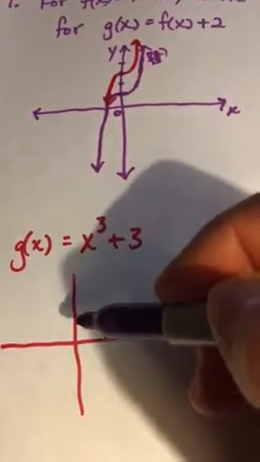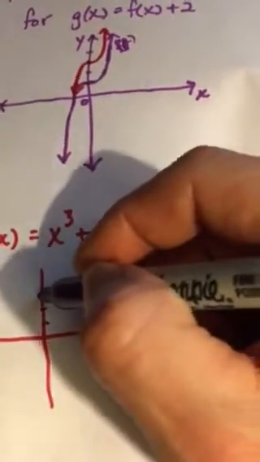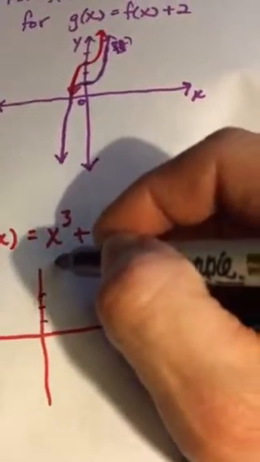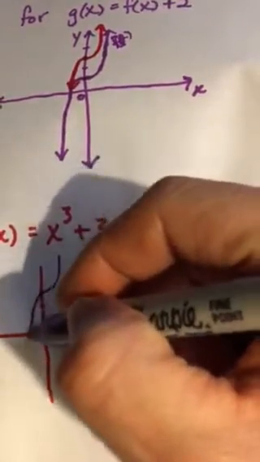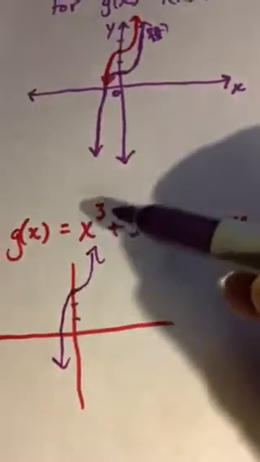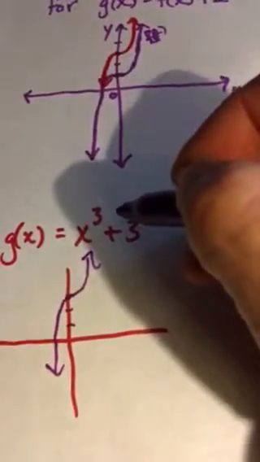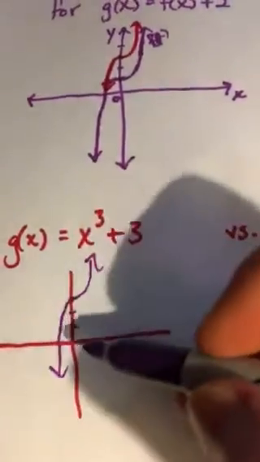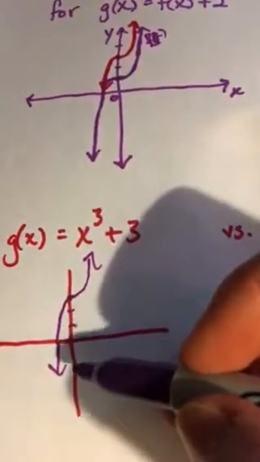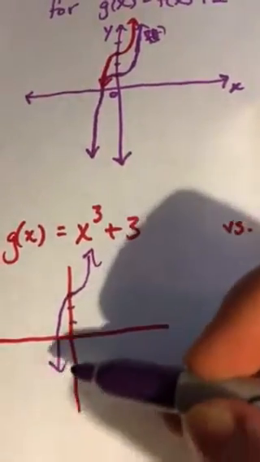So 1, 2, 3. I'm just going to write that in. So it's going to look something like that. Very, very rough. If it had been x cubed minus 3, it would have shifted it down 1, 2, 3, and then you would have had a curve coming down right here.